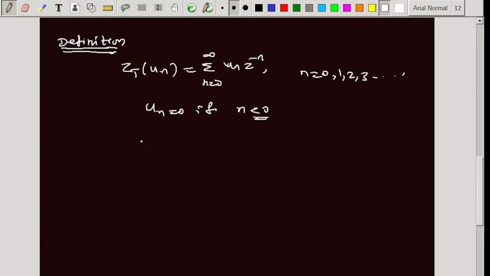The reverse process: the Z transform of un we write as u bar of z, which is the answer written in the form of z. And un can be written as the inverse Z transform of u bar of z.